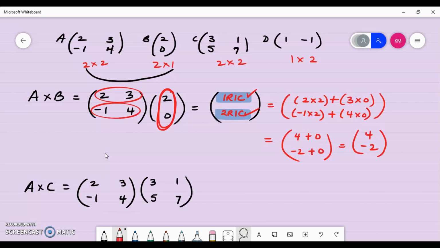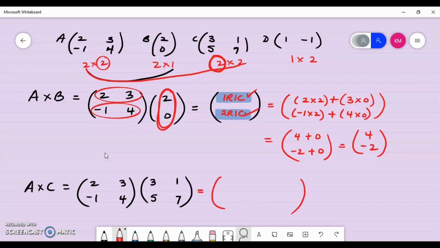Remember, we already determined that they can be multiplied because we examined the number of columns of A and it was the same number as the number of rows of C. So yes, they can be multiplied and it will result in a 2 by 2 matrix. So it is actually going to look as if it is in the same format as A or C.